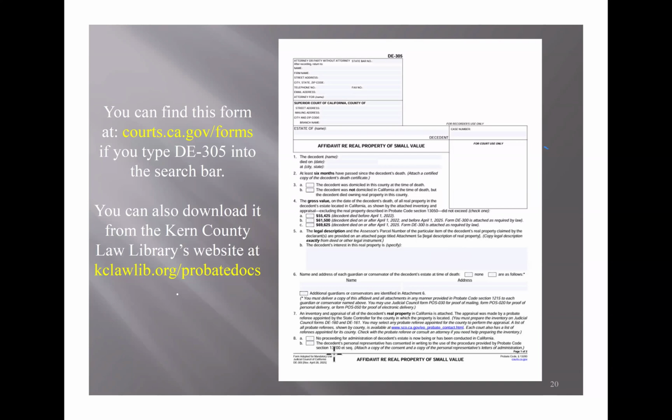You check A if that's true. If that's true, then the representative in that full probate proceeding has to consent, and then you will have to attach the consent. This is not very common.